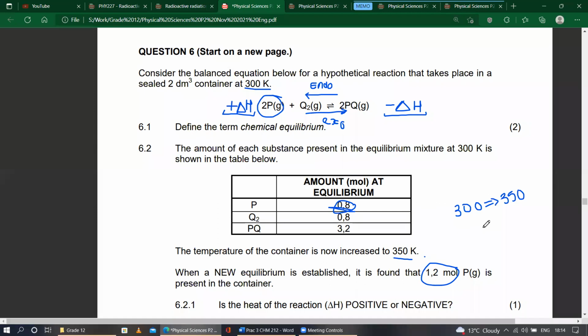So the endothermic reaction is going to be favored. And that's why the amount of P has increased from 0.8 to 1.2 moles. That means the reactants are going to be favored. So there's going to be more reactants now and less products. Does that make sense? Yes, sir.